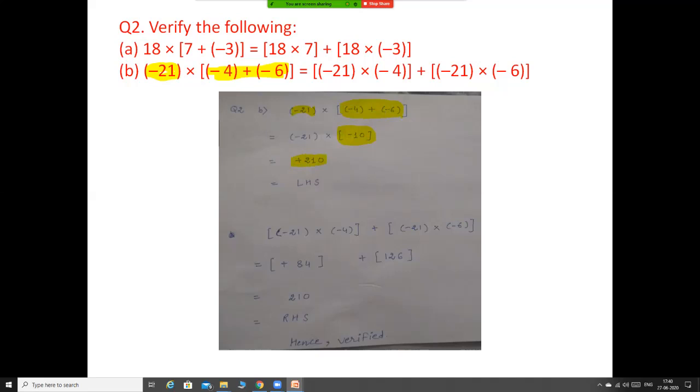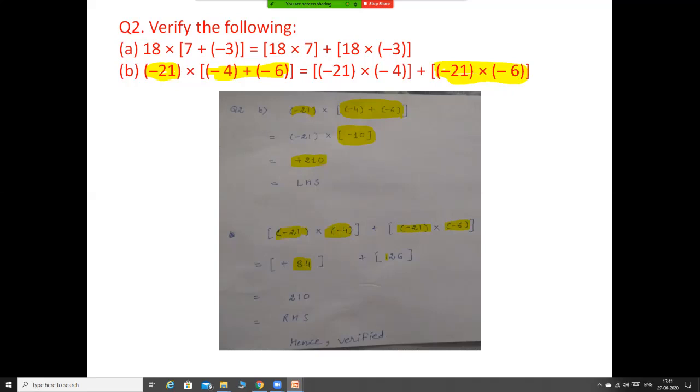Now let us discuss the right hand side. Right hand side is minus 21 into minus 4, two products. The answer of this product is 84. Second is minus 21 into minus 6.